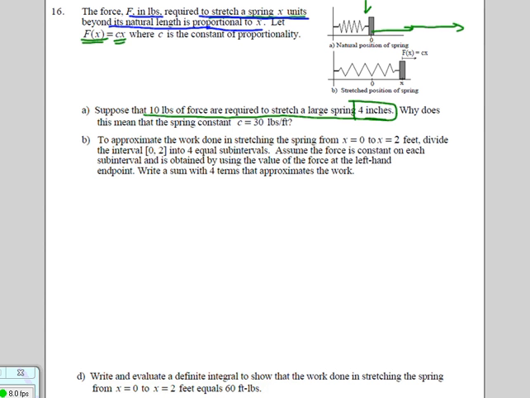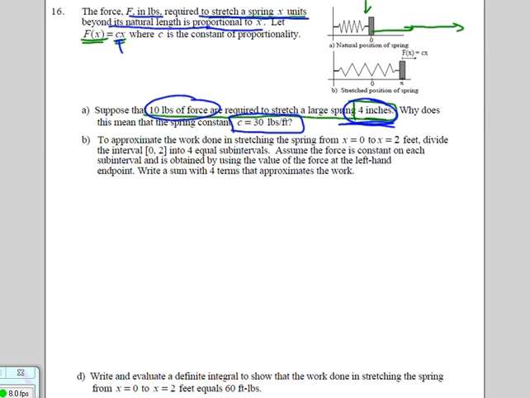And we want to show that if 10 pounds of force are required when you stretch it 4 inches, that this c value would be 30 pounds per foot.